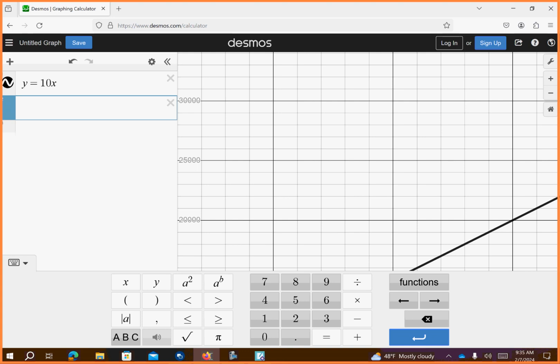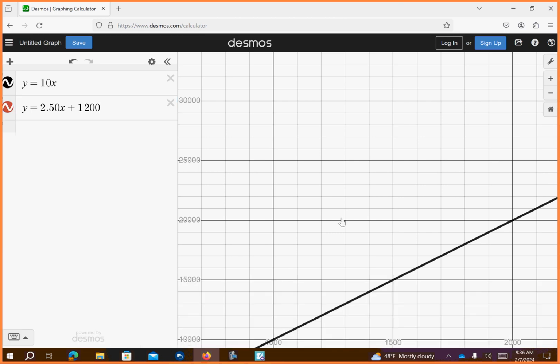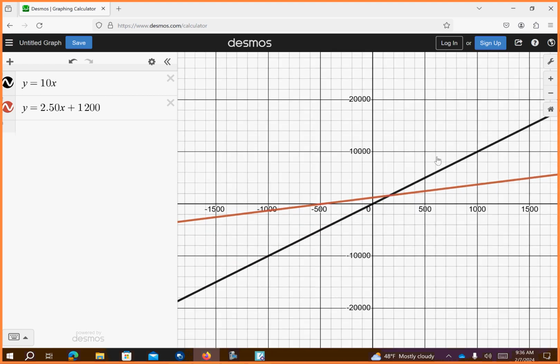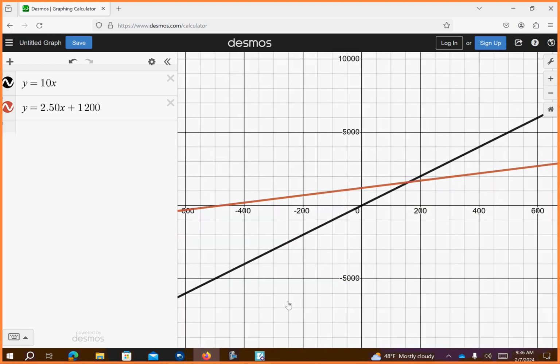And then I have y equals 2.50x plus 1,200. Okay. So I only see one graph so far. I want to see a red. Oh, there we go. We have a red and a black right there. And then the beautiful thing about Desmos is I can click on that point. So this means our break-even point is 160 comma 1,600.